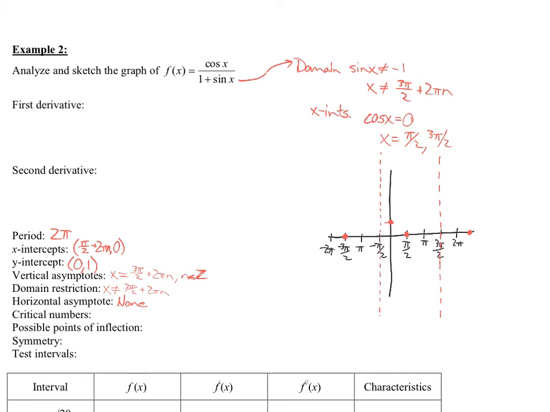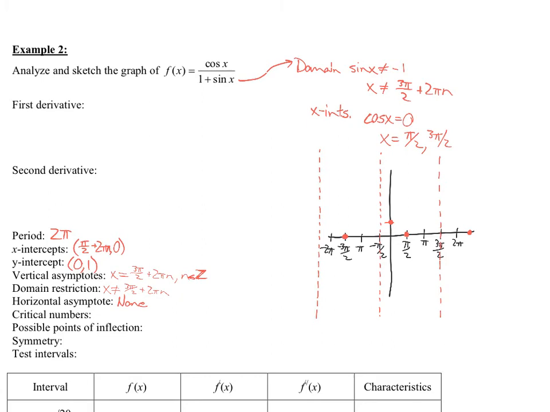I could go back another 2 pi, and I'd have another one over here. So you see our graph starting to take shape here. It does kind of look like a tangent or a cotangent. Alright, so let's start looking at our first and second derivatives.